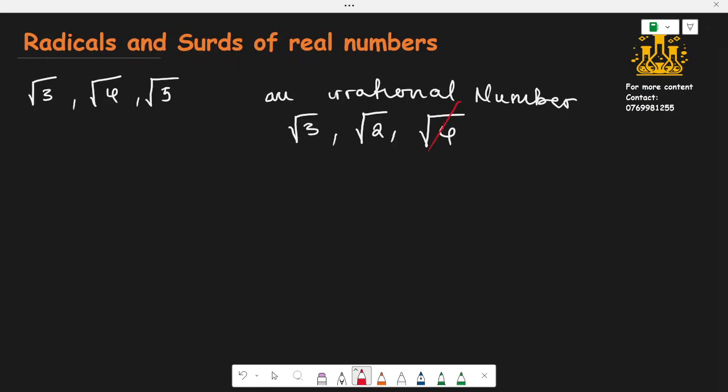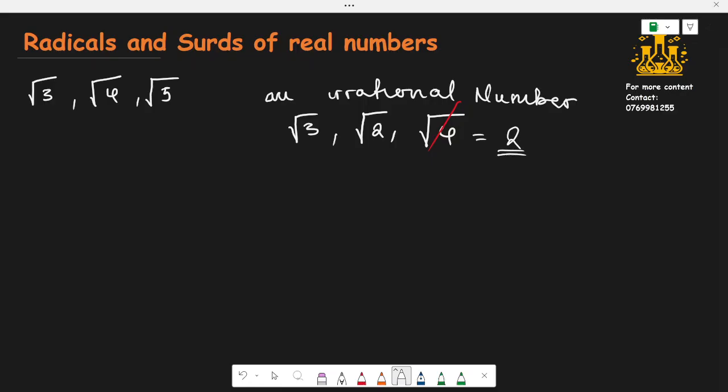This one is not a surd, mainly because it can be simplified to a rational number, which is 2. So we're going to be focusing more on surds, but the same principles that apply to surds also apply to the whole group of radicals in general.